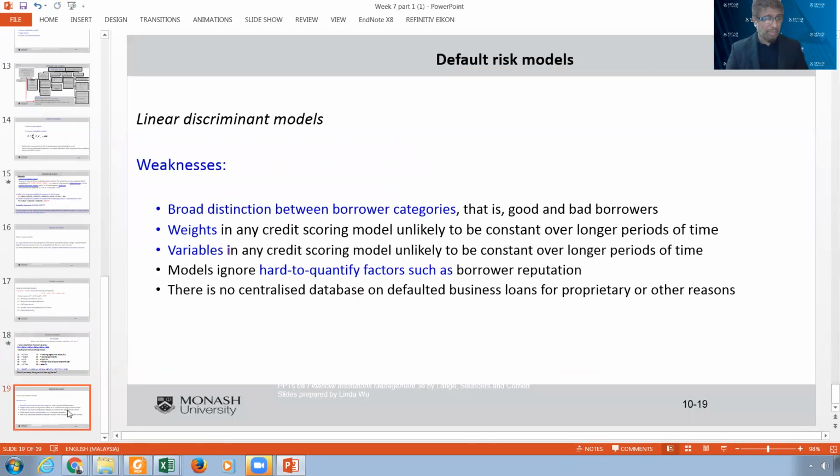Now, let me come to the last slide in this part, and we talk about the weaknesses. So the weaknesses of the linear discriminant model, which is the Altman Z: there is a broad distinction between borrower categories, good and bad borrowers. Anything under 1.81, we say bad.